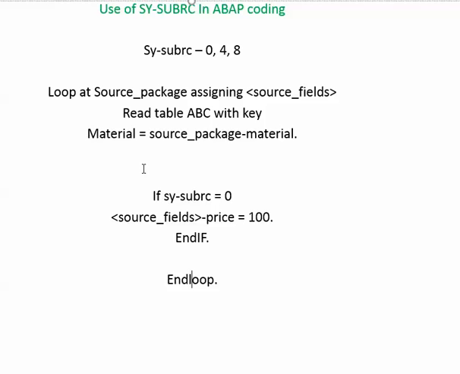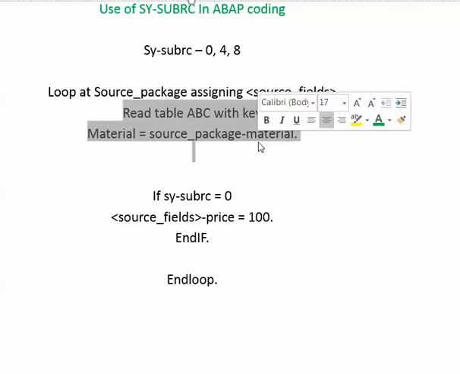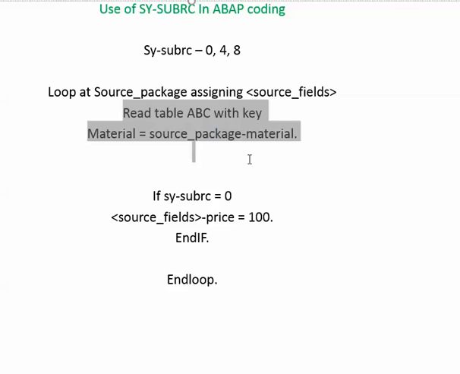And in that case, suppose in this read table there is no match, then the SY-SUBRC will be 4, because 4 means it will read but it will not find any data. So in that case SY-SUBRC will be 4.